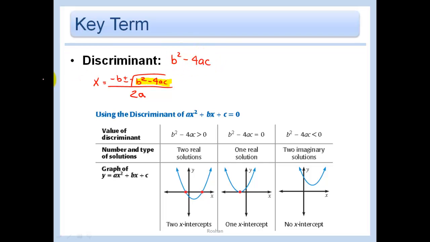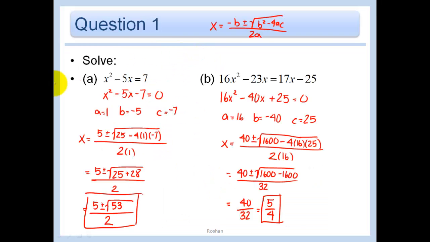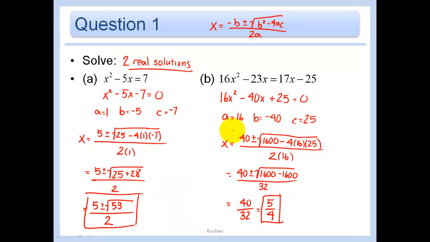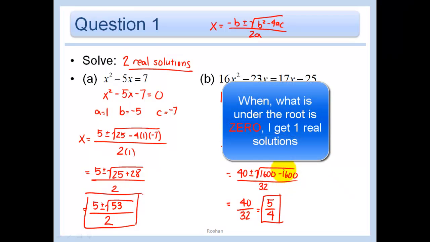And you might have noticed, let's just look back, our first example, we got two real solutions. And notice that what is under the radical was a positive number. When I have a positive number under the radical, I have two answers because I have 5 plus that number, 5 minus that number all over it. When, however, what's under the radical is equal to 0, as in this case, I only get one real solution.